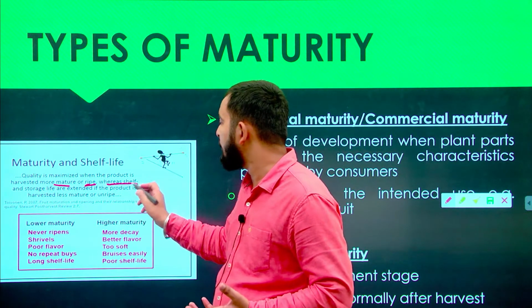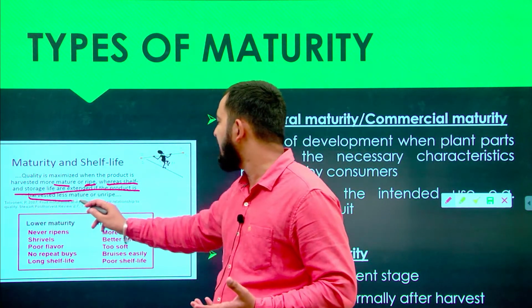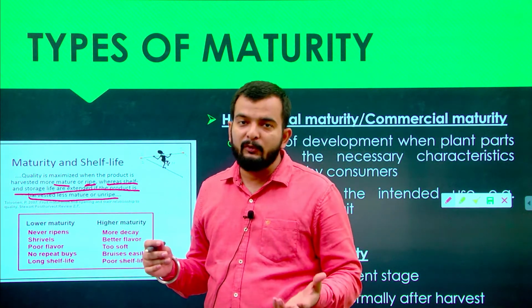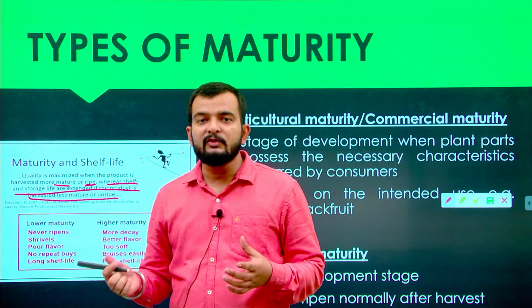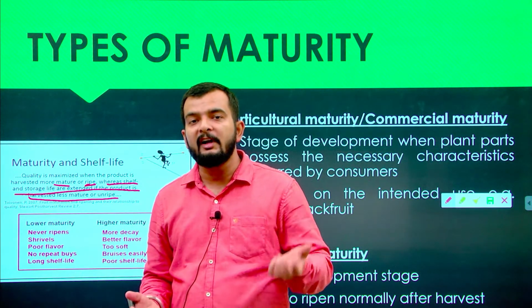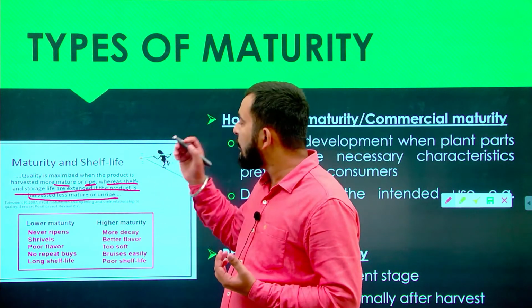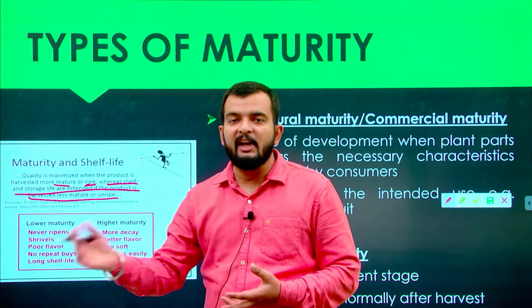Whereas the shelf life and storage life are extended if the product is harvested at a less mature or unripe stage. If it is a climacteric fruit, we have discussed climacteric, right? Climacteric fruits can ripen even after harvesting, even after they have been detached or plucked from the plant. So if you harvest them before they are ripened, this will extend the shelf life.